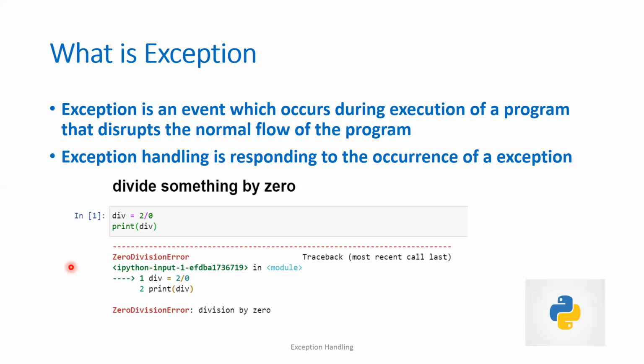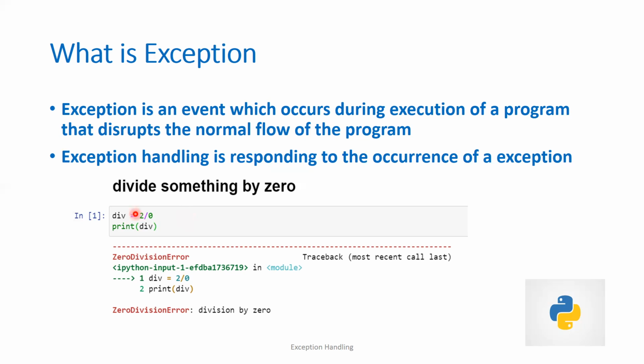So you can see a program. This program is doing a division of a value by 0. You know that when we try to divide any value by 0, it will give us an error, as we have seen in previous languages like C, or if you have experience in other languages.